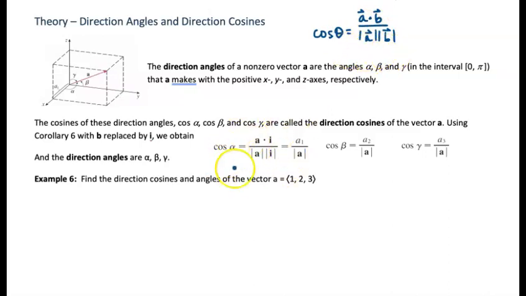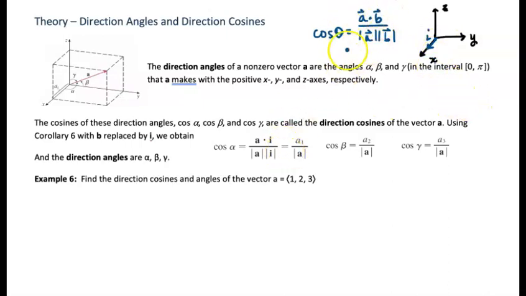Now, this is the same exact formula, except in this case we're looking at the vector i, because remember, i is just the unit vector in the x direction. So if we have our three-dimensional coordinate system, we have z, y, and x. i is just a unit vector of length 1 in the x direction.